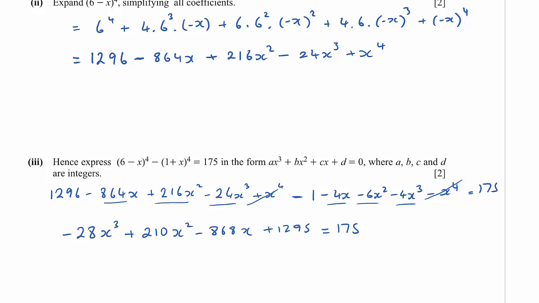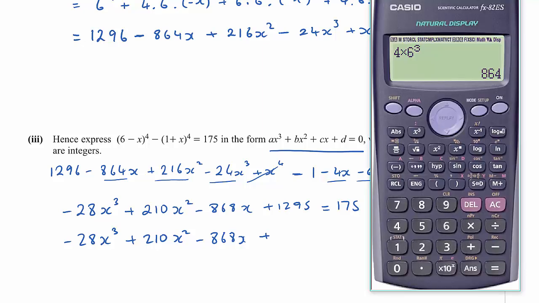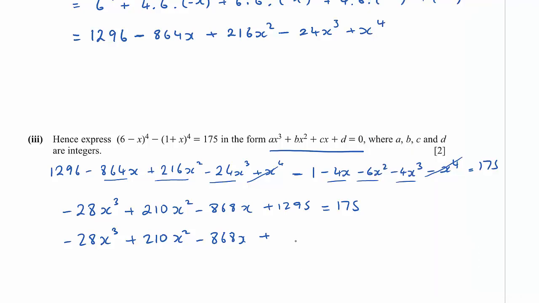So we want to express that equals 0. So we've got minus 28x cubed plus 210x squared minus 868x plus 1295 take away 175, it's 1120, equals 0.